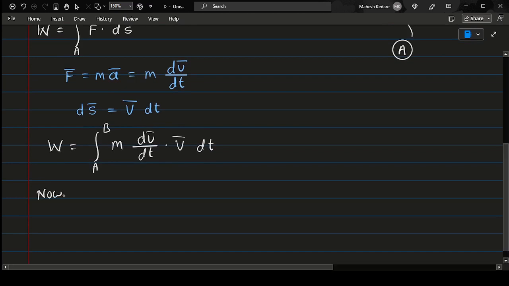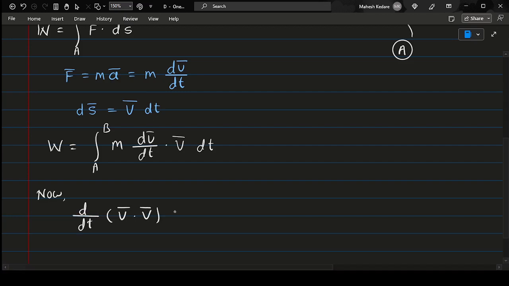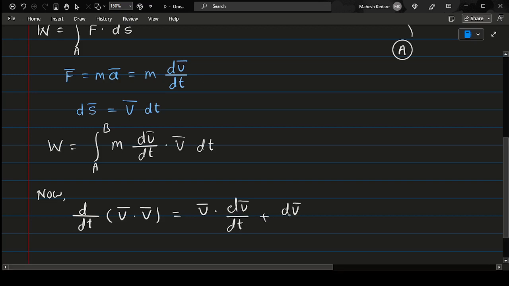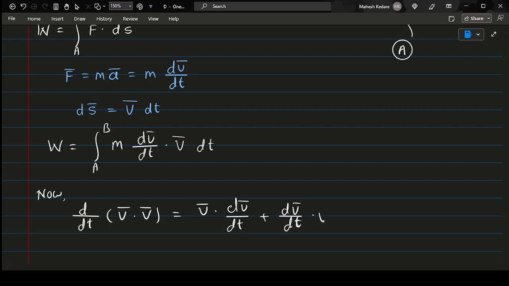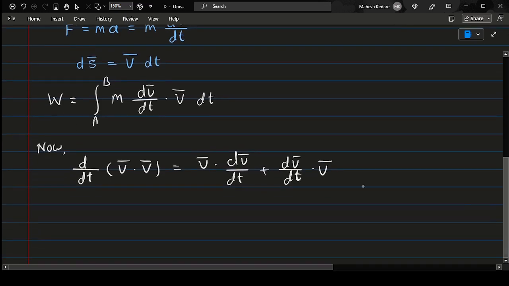Now d by dt, the derivative of the dot product between velocity vectors. We can write this derivative using product rule as v bar dot dv bar by dt plus dv bar by dt dot v bar. These both the terms are equal.